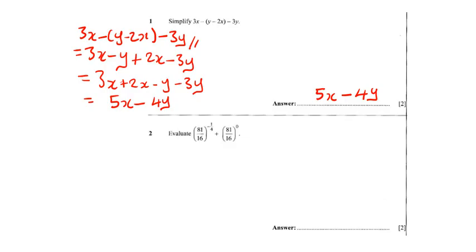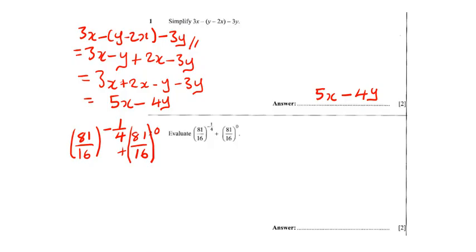Now for the next question, it is saying evaluate 81 over 16 in the brackets to the power -1 over 4 plus 81 over 16 to the power 0.